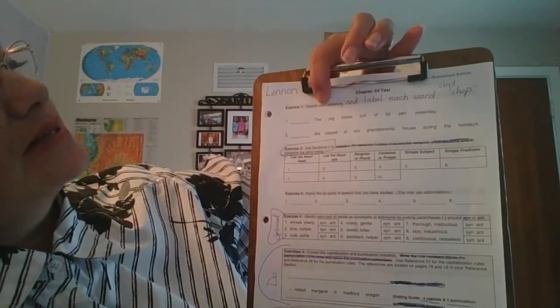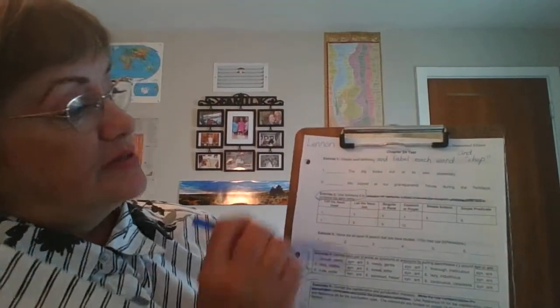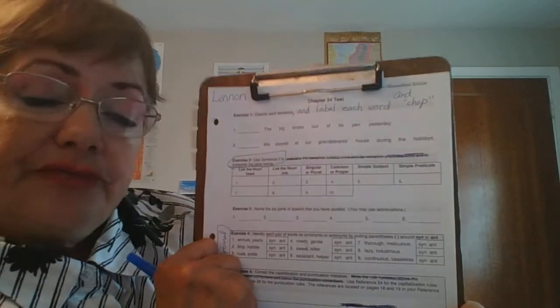up here, of course, classify each sentence, and if you remember correctly, D is for declarative sentence. It's just a normal. Many sentences are declarative. If you think that's a declarative sentence, write D over here. And there's also interrogative.